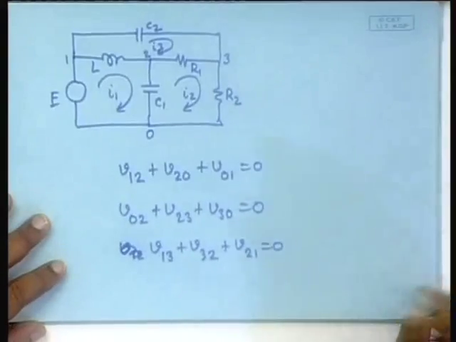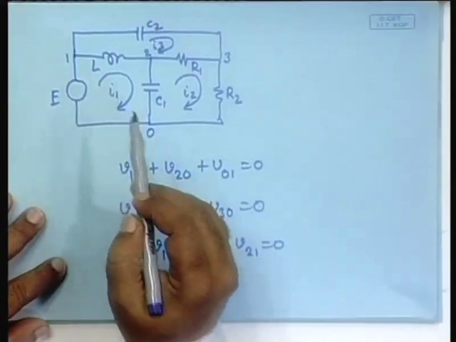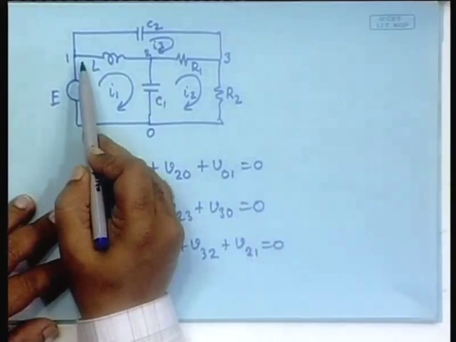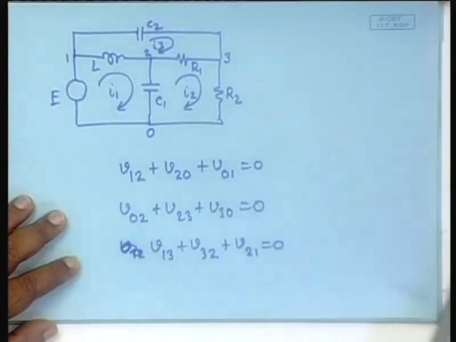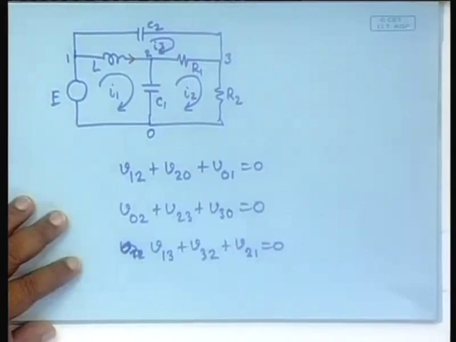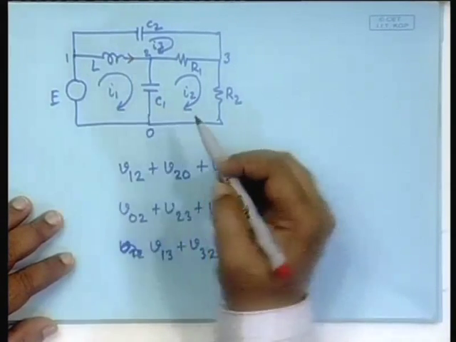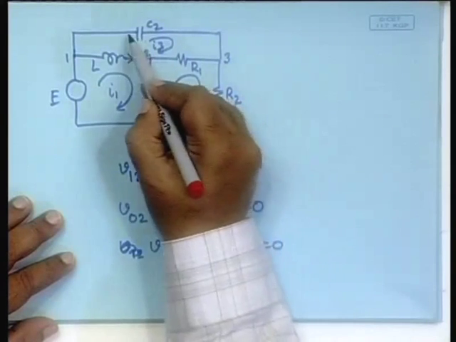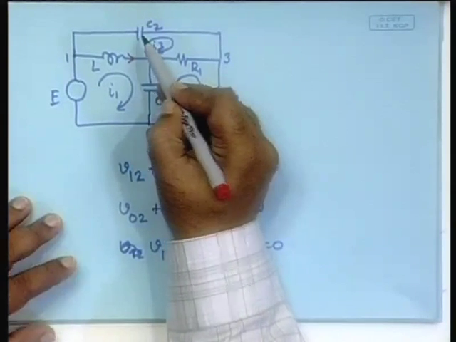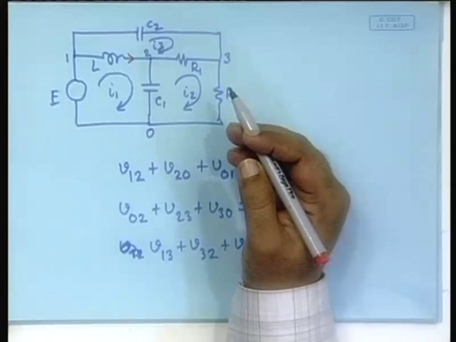So, all these currents, I have to be careful about this particular current. This will become a state variable, this will become a state variable, this will become a state variable, but we have to be careful about what we call positive and what we call negative.